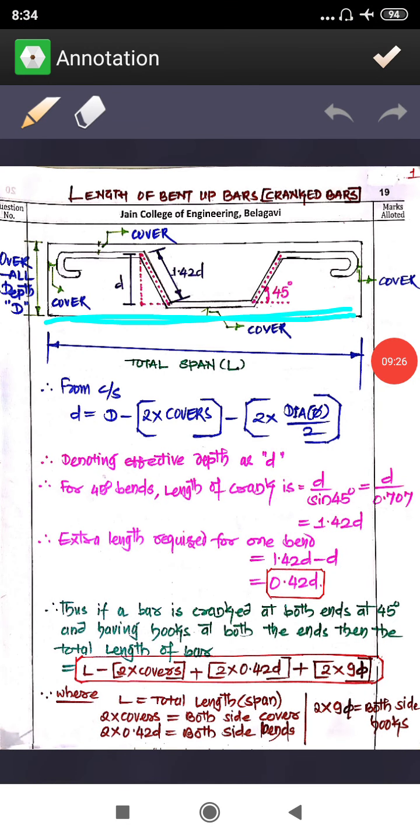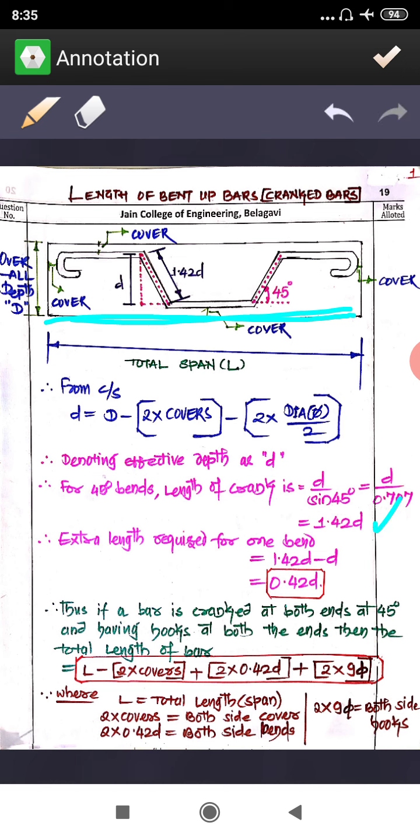Here small d is the effective depth. A slab may have a 45-degree bend or a 30-degree bend, but usually we go for 45-degree bends. So the length of crank is d by sine 45, that equals d divided by 0.707, that is 1.42d.